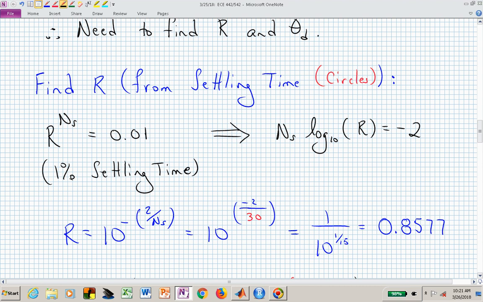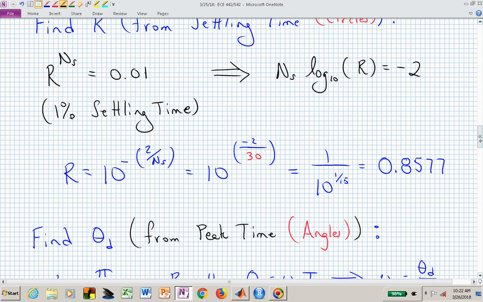That power is a little bit bigger than 0, so 10 to that power is a little bit bigger than 1, and we would expect 1 divided by something bigger than 1 to give us an r value inside the unit circle. We need to be inside the unit circle in order to be talking about a settling time, and in this case our r is 0.8577. We now have half of the information we need to specify our closed loop poles.